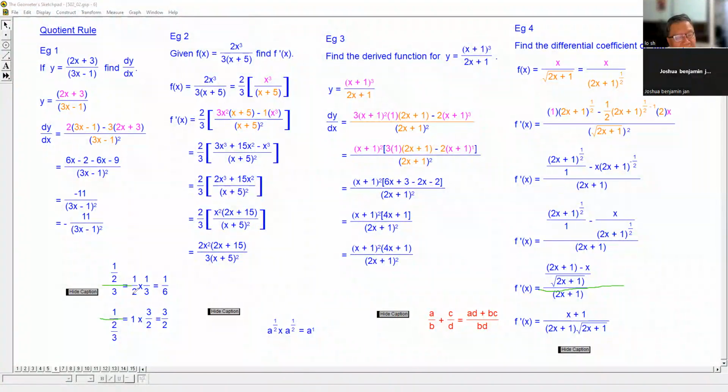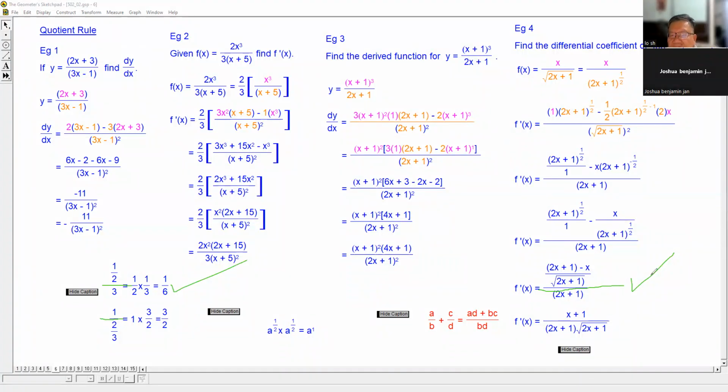So this means that you multiply with the 2x plus 1 minus x. Okay. Divide this one, square root. This one is this case. The longer line is at the bottom.